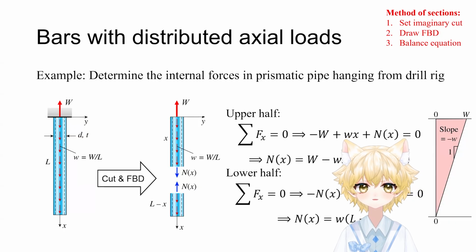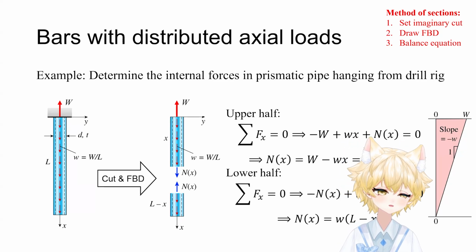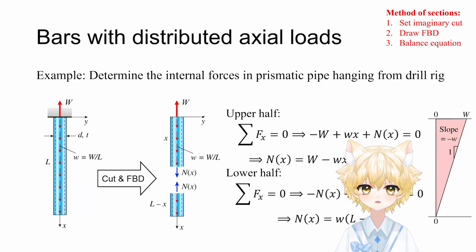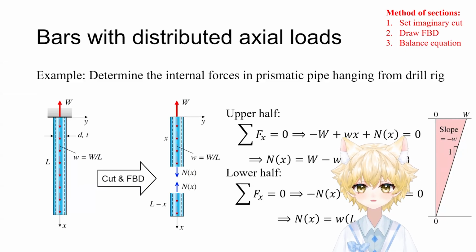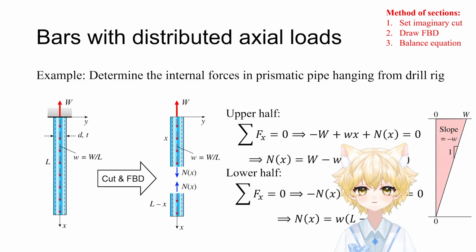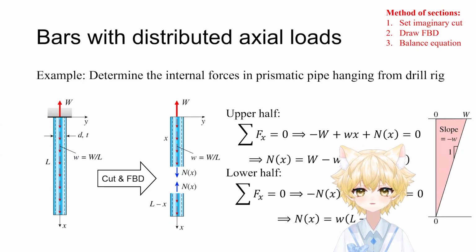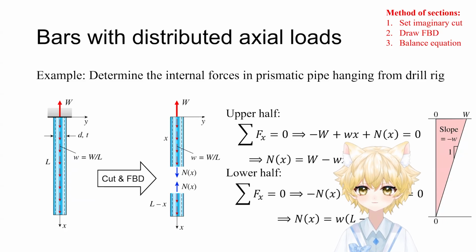If you pick the top, look at the diagram. You have to include the reaction force at the ceiling, right? The force indicated by the capital W, which is the weight of the total segment, and its magnitude equals small w times the length.